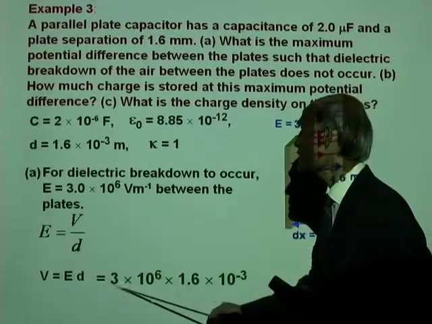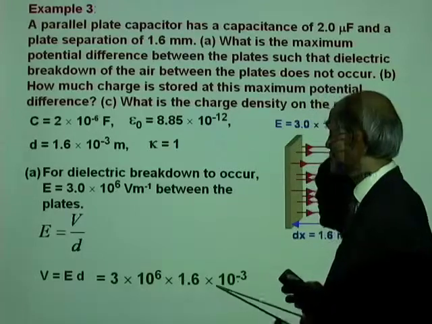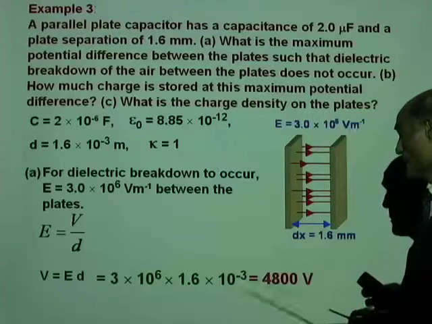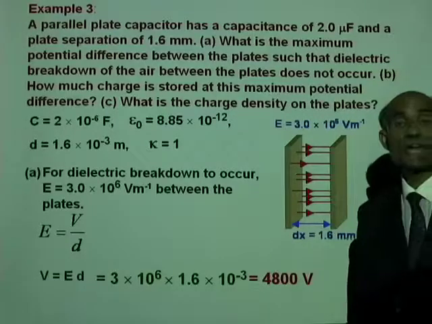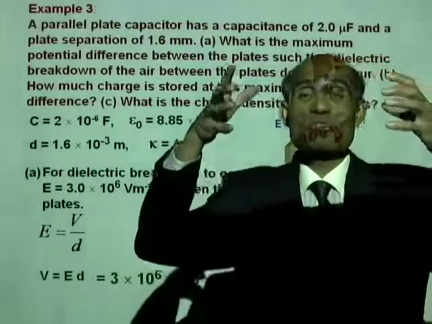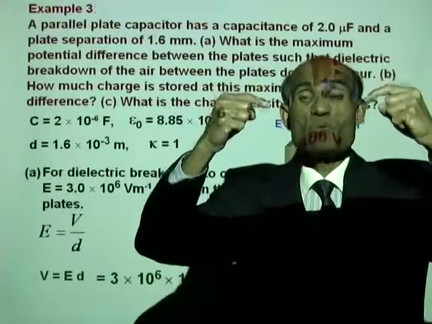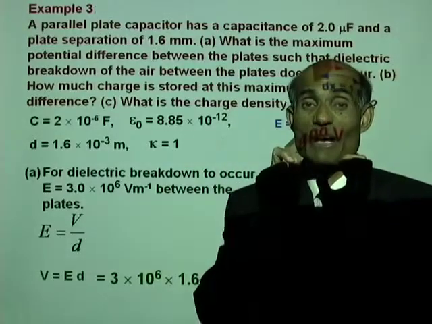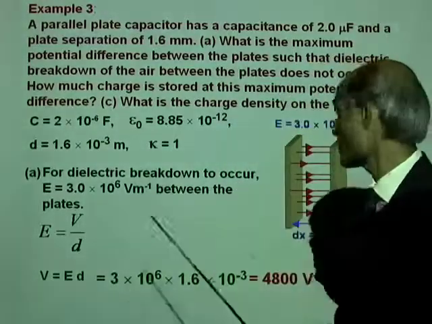And E is 3 times 10 to the 6th. D is 1.6 times 10 to the negative 3. And that is 4,800 volts. So the maximum potential difference you can apply between the 2 plates without causing a dielectric breakdown is 4,800 volts.